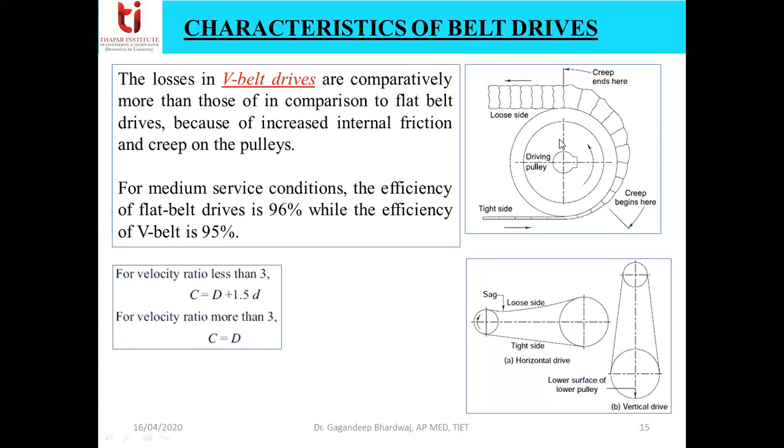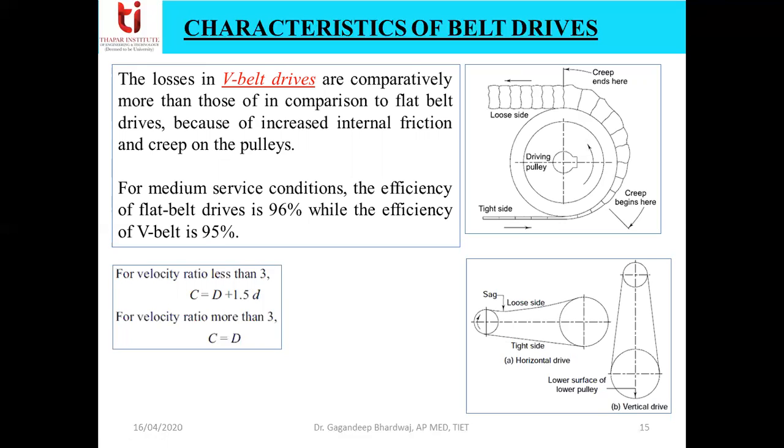At this point the tension is higher, and at this point tension is less. As the tension in the belt is reduced, the belt becomes shortened and creeps along the surface, which causes relative motion between the belt and the pulley surface. So this creep results in decrease in the angular velocity, and efficiency of the belt is also reduced.